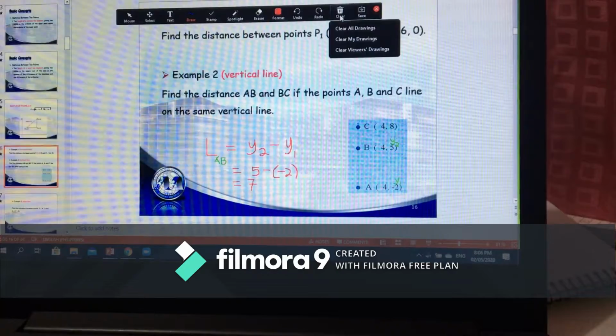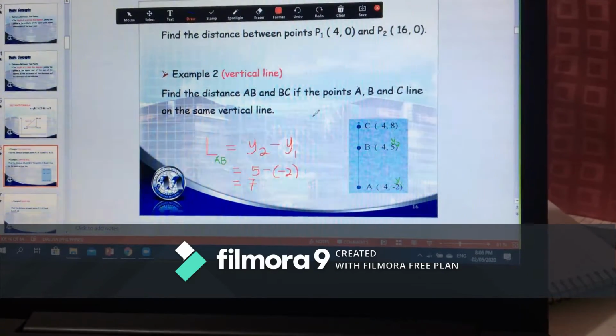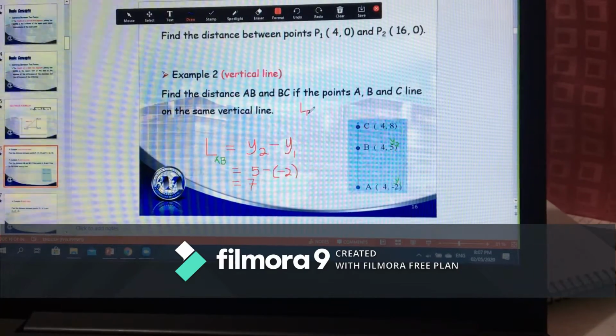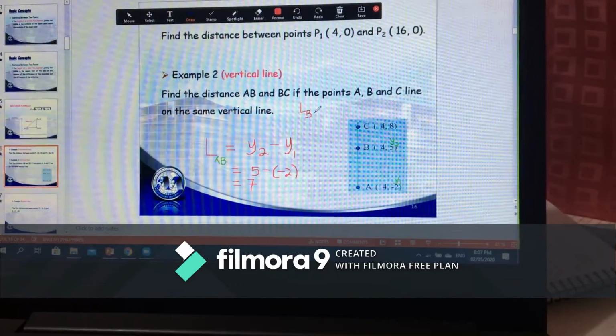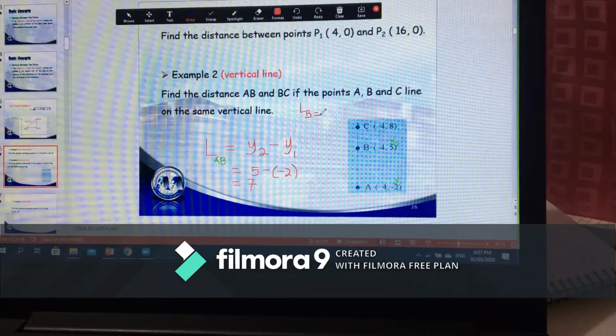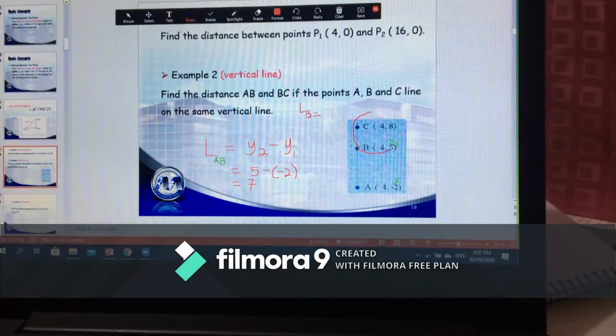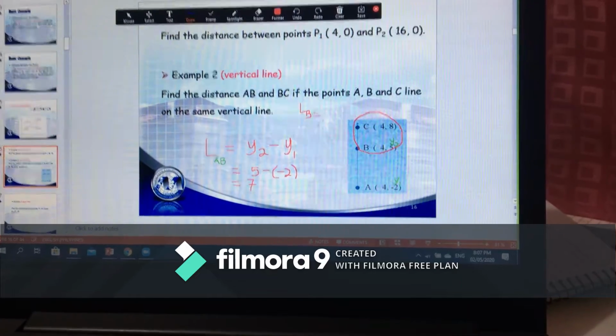Now, how about okay. Next is the length of BC, from B to C. So, ang titingnan nating points ngayon, ito naman dalawa, di ba? Itong dalawang to. Okay?